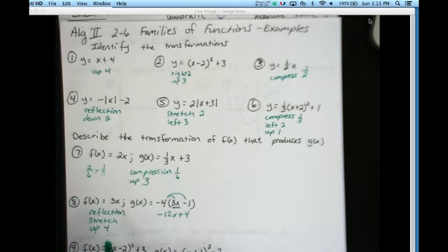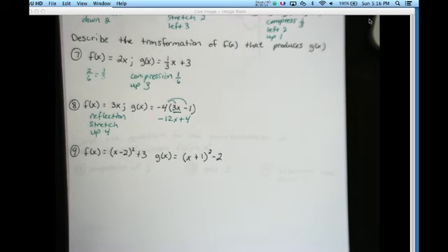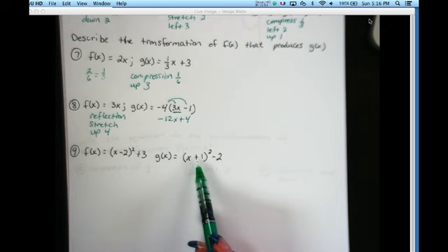Now if you're having a hard time looking at this, remember you can always graph these sets of equations on your calculator and try and figure out the transformations from there. Alright, so for this last example, again, how do I go from this equation to this equation? So when I look at the inside here, I went from a -2 to a +1.